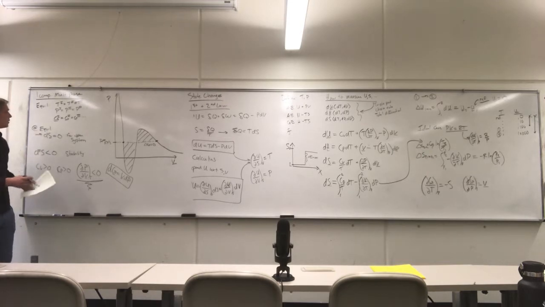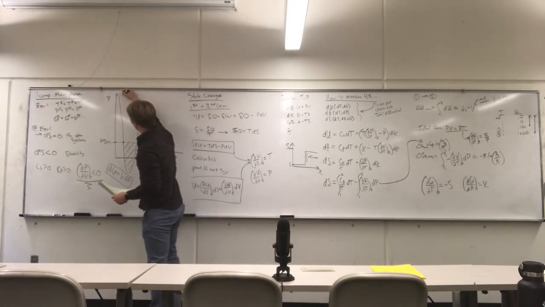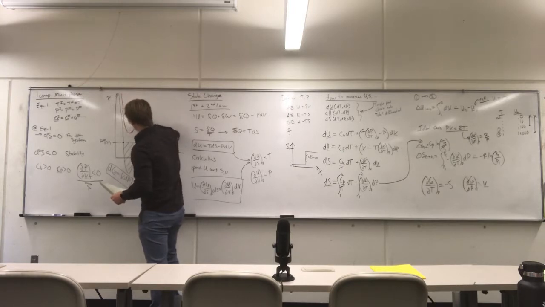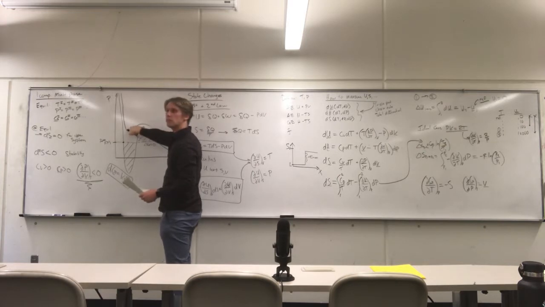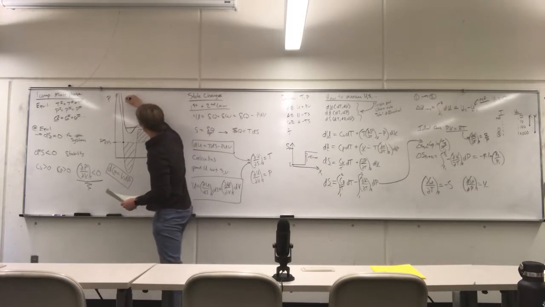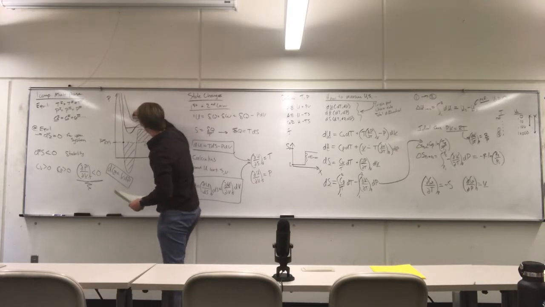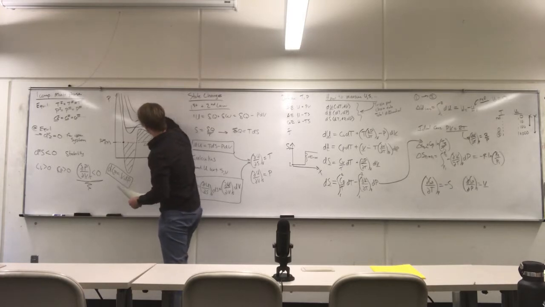Now, I define fugacity on the next page. If we look at the shape of the curve as we increase the temperature, we're going to have a two-phase region, but it's going to get smaller and smaller. That's because we're approaching the critical point. Eventually we're going to hit an inflection point that's also a zero slope, and that is going to be our critical point, TC, PC.